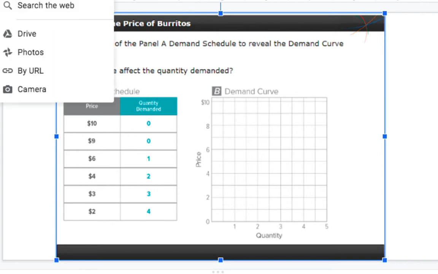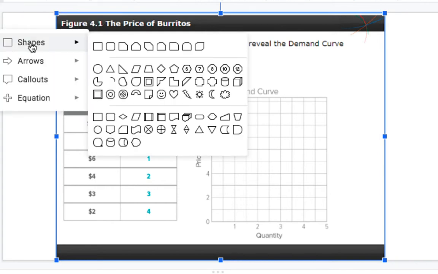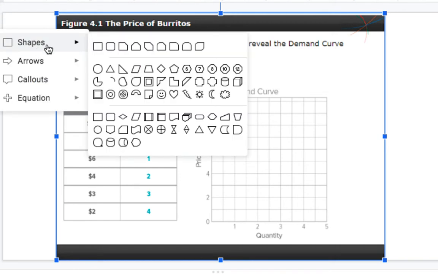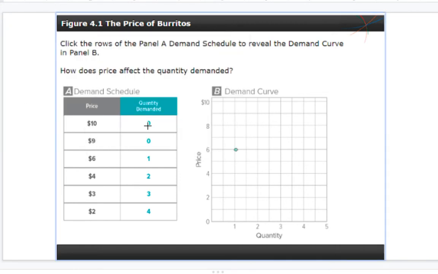Let's see if it's going to work for me. So at $6, we would be able to put 1. Then at $4, we would be able to have 2. Sorry, the computer's going a little slow right now. So at $4, I'll put 2 demanded.